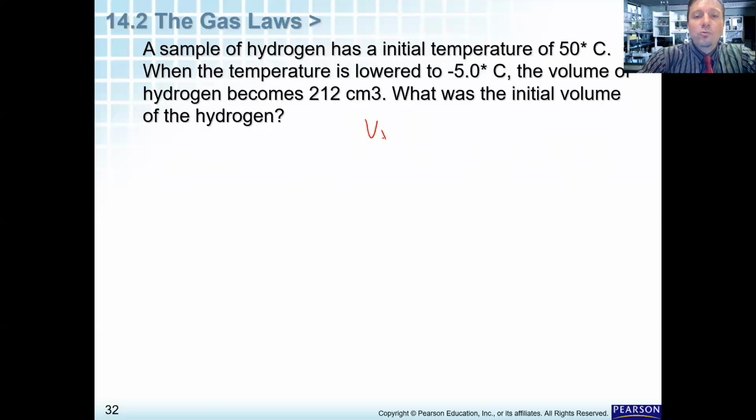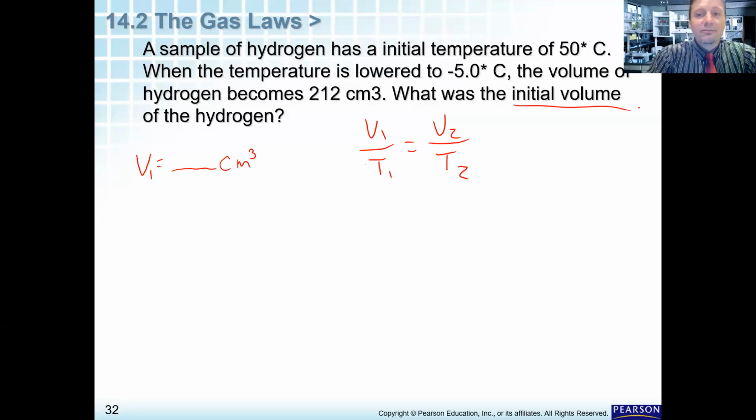So I can go V1 T1 equals V2 T2. So I'm going to come over here and write down all my information. My volume 1 equals blank centimeters cubed. I'm just going to write it down. It's what it's asking for. So my temperature 1 equals, and it says here 50 degrees Celsius. I have to convert that. I like to convert right away, so that way I don't have to worry about forgetting.